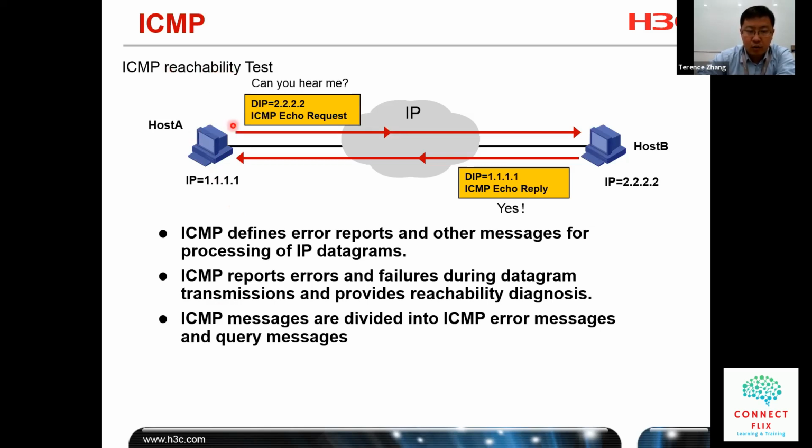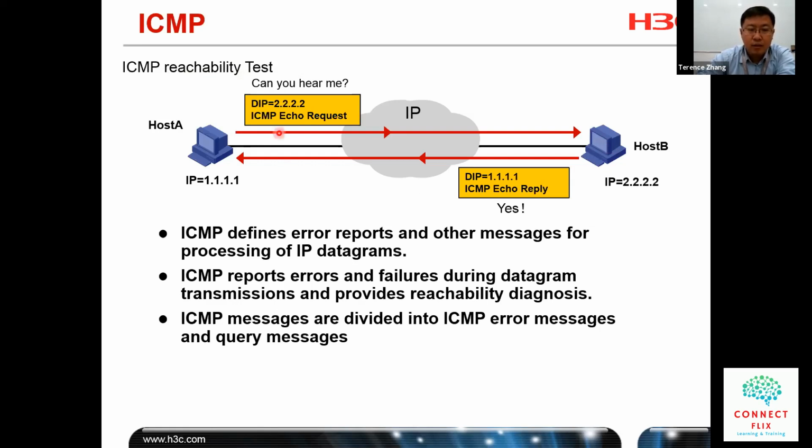ICMP is generally generated by the ping command when we're doing a network reachability test. When we want to examine whether a destination is reachable, we use the ping command.